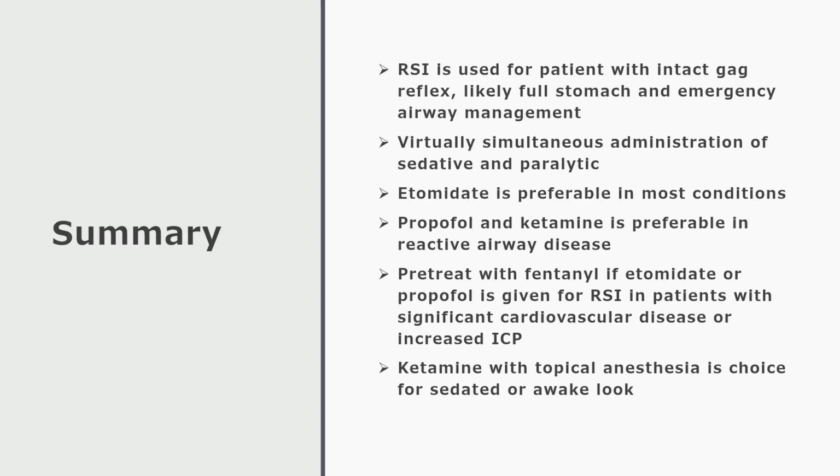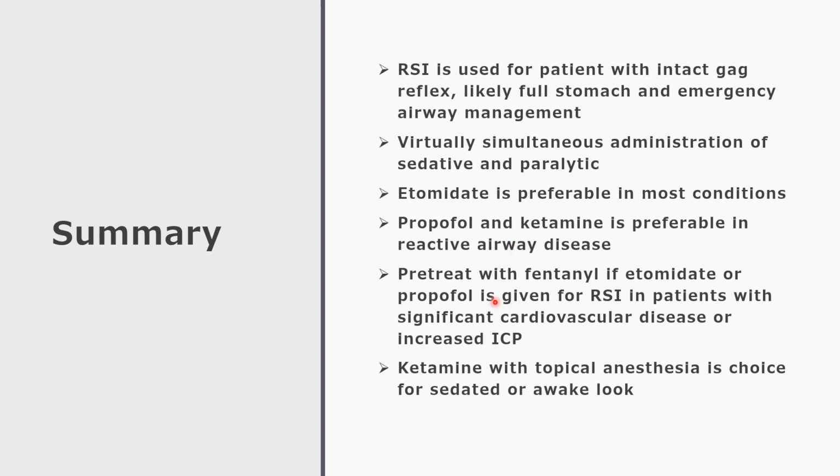So to summarize, rapid sequence intubation is used for the patient with intact gag reflex, likely full stomach and emergency airway management. There is virtually simultaneous administration of sedative and paralytic agents. Etomidate is preferable in most conditions, while propofol and ketamine are preferable in patients with reactive airway disease.